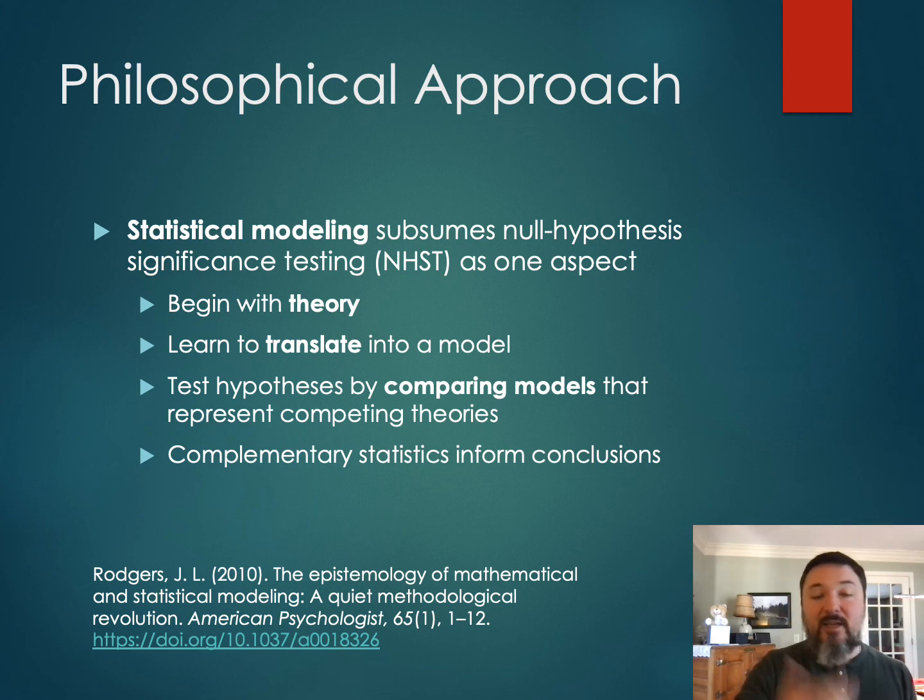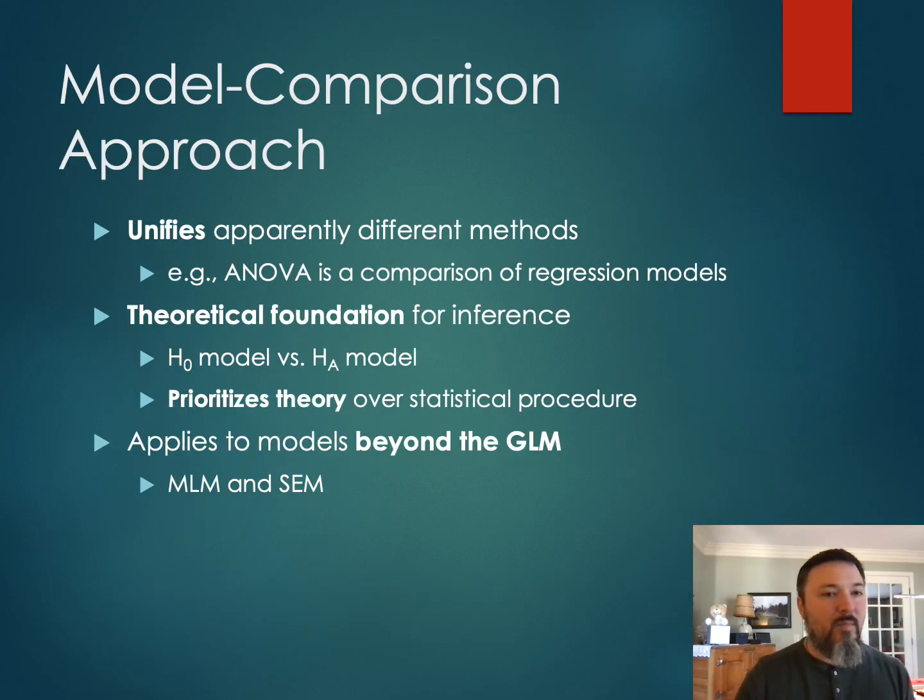And so we test hypotheses by then comparing models that represent a null hypothesis or an alternative hypothesis. And there's many different complementary statistics that inform all these conclusions. You can read more about the modeling approach at this citation I've provided here. But the model comparison approach really unifies what appeared superficially to be very different methods.